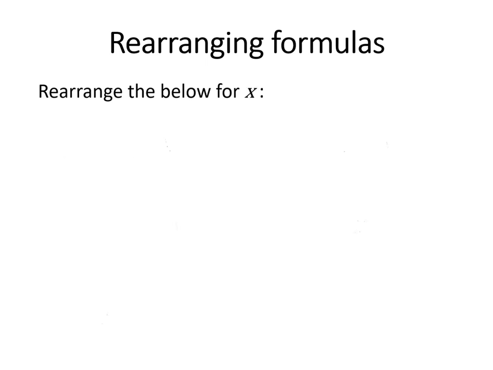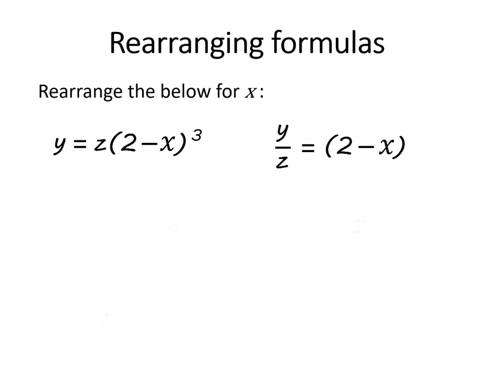In the next example, we'll rearrange the following formula for x. Firstly, we divide both sides by z, which will give us the following. Next, we'll take the cube root of both sides, which will give us the following.